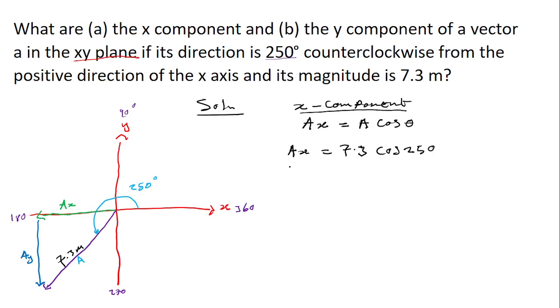So there are two different ways of solving the vectors. The angle can be in radian, and it can also be in degrees. So in our case, we need to make sure that our calculator is in degrees to avoid certain mistakes.